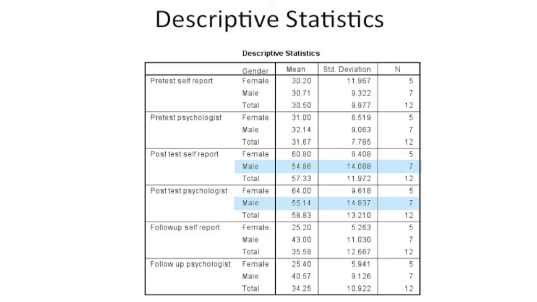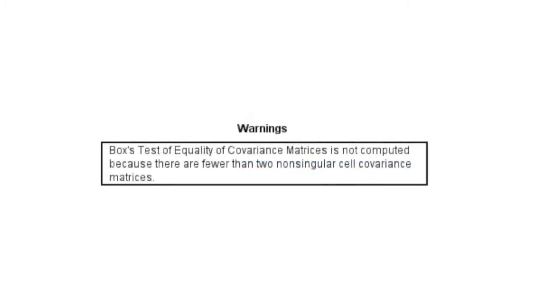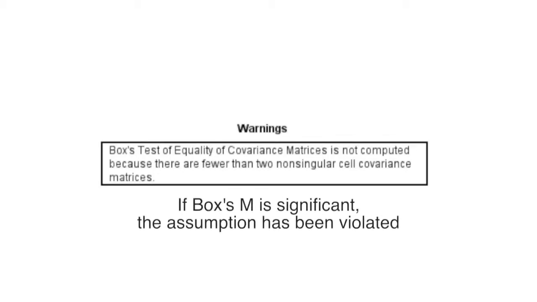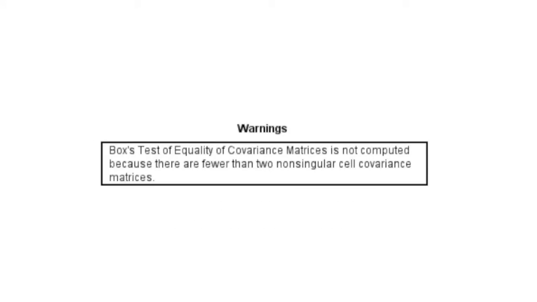Now Box's test for equality of covariance matrices can be used to determine whether the data violate the assumption of homogeneity of covariance matrices. Now if Box's M is significant, the assumption has been violated. Now in this particular situation, it was not computed, so the assumption is not violated in these circumstances.